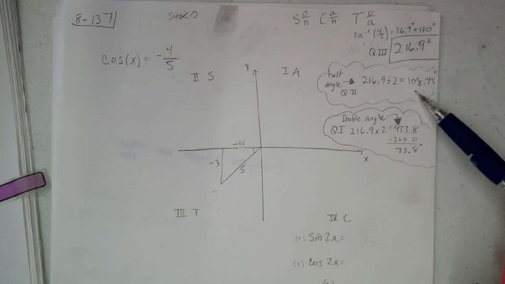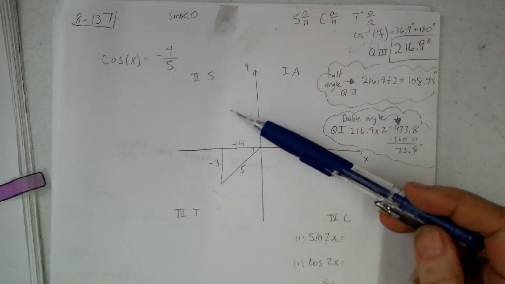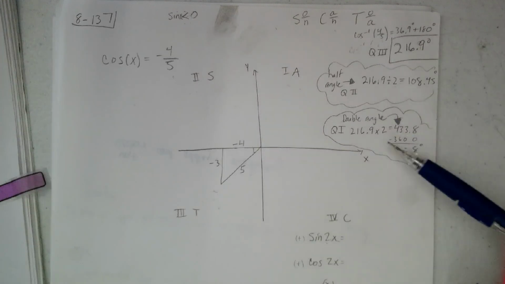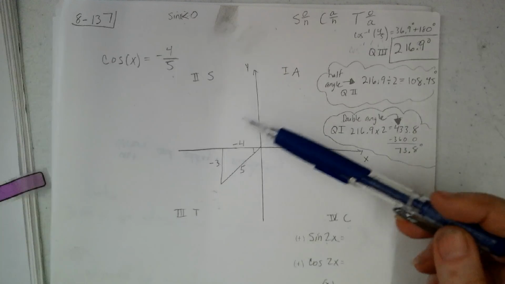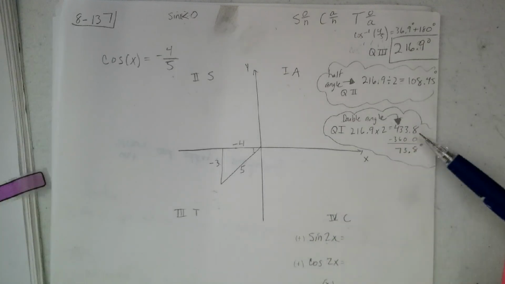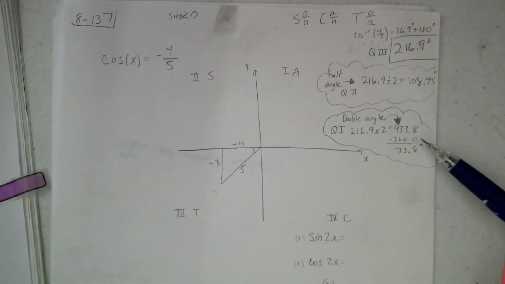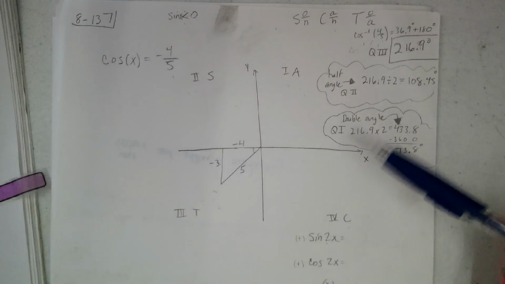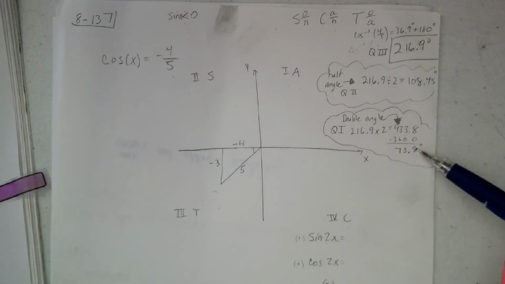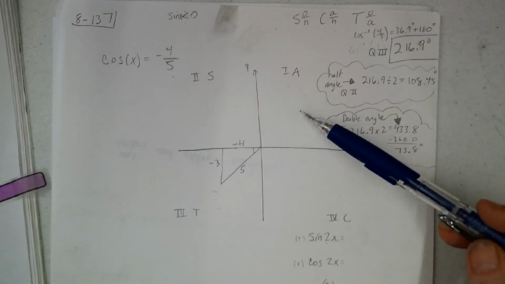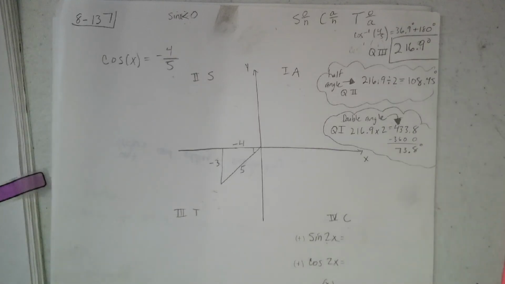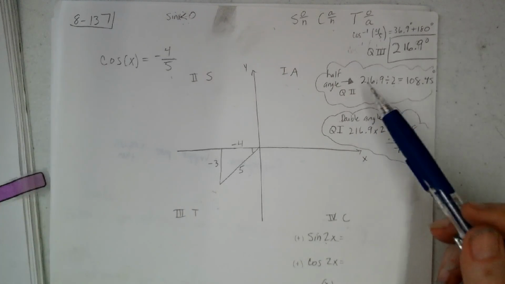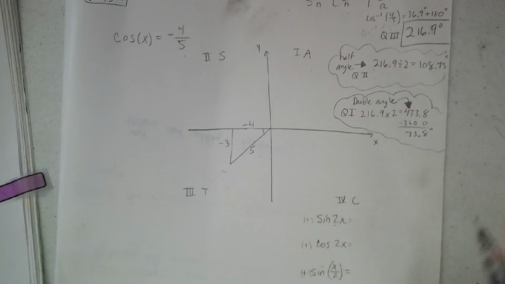So it's 108, so it's going to land in quadrant 2. And the double of it would actually be all the way around. It ended up being 433 degrees, so I subtracted 360 from it to find that it's in quadrant 1. So now I know that all my half angles are in quadrant 2.